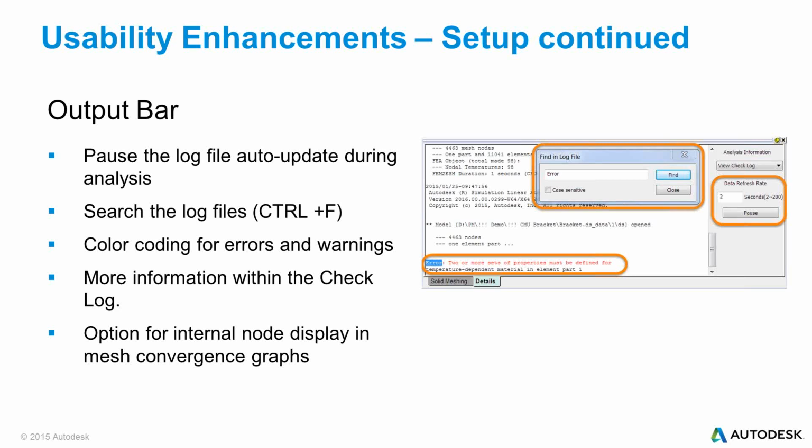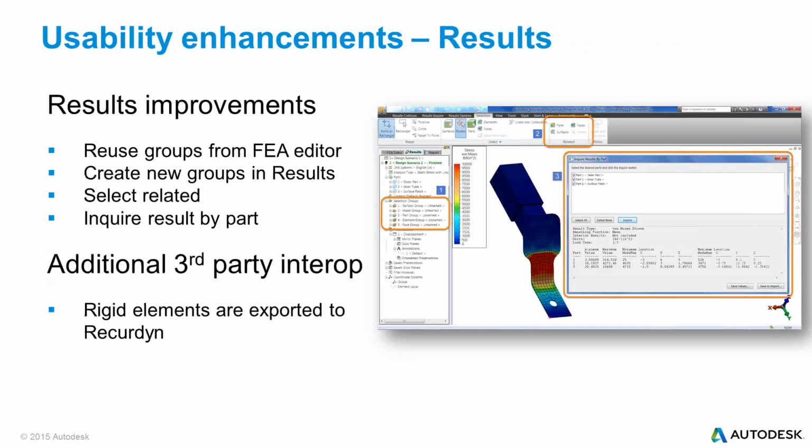And we also added another option to display the internal nodes for mesh convergence graphs as well. So a lot of improvements in the output bar area. And let's move on to the next slide and talk a little bit about the improvements to the results interface.